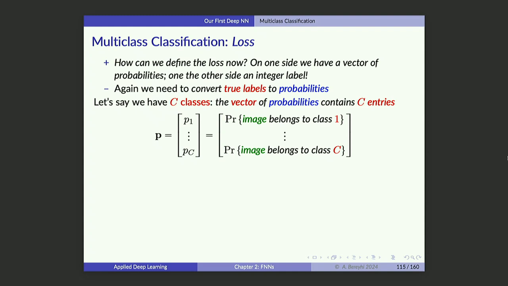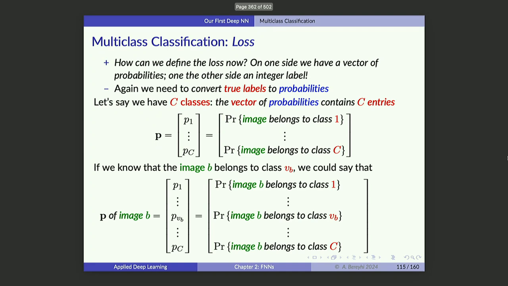And then this random object has one class, and I just compute the probability of this random object being in one class. So the probability of image being in class 1 is the first entry. The probability of image being in class 2 is the second entry, and so on till the last one.